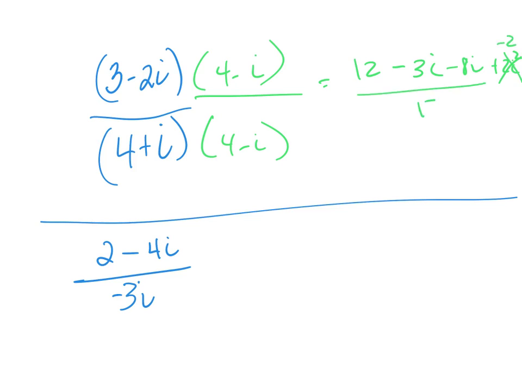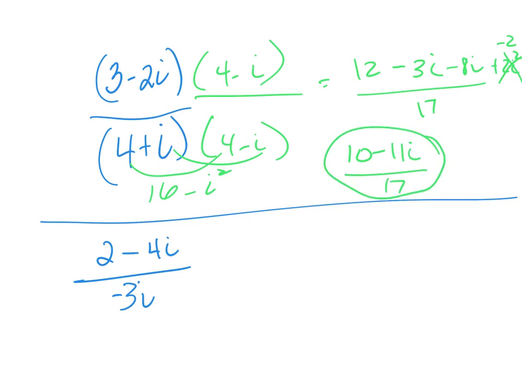And downstairs, we get a 17 when we FOIL it. You can see that's 16, and then this is minus i squared, which turns into a plus 1. And the 2 in the middle bite the dust because it's a difference of 2 squares. So we end up with 10 minus 11i over 17. And it cannot be reduced, so we leave it alone.